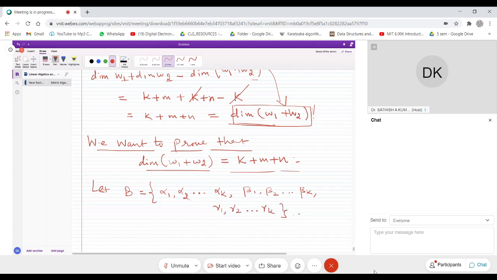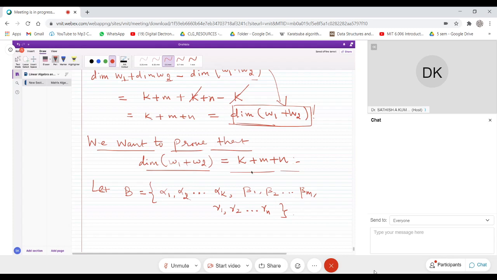We'll consider this set. Oh sorry, we have to write m plus n. So we don't write beta k, because we already considered beta 1 to beta m only. So we'll write here this is beta m and this is beta n, so that this dimension will be k plus m plus n, if we prove that it is a basis.